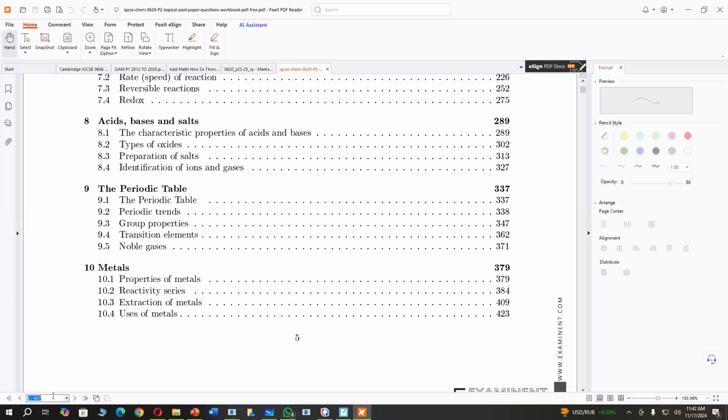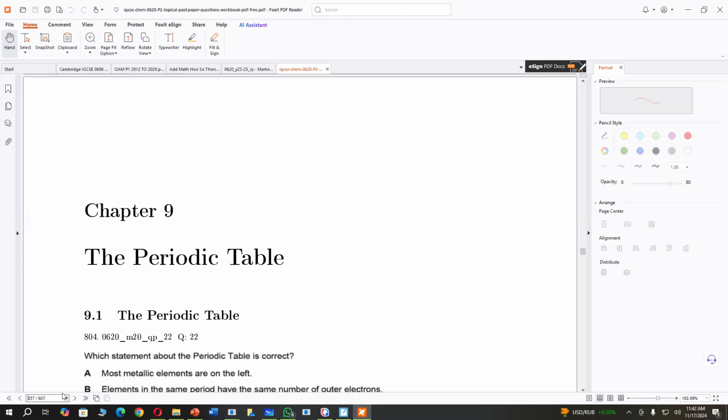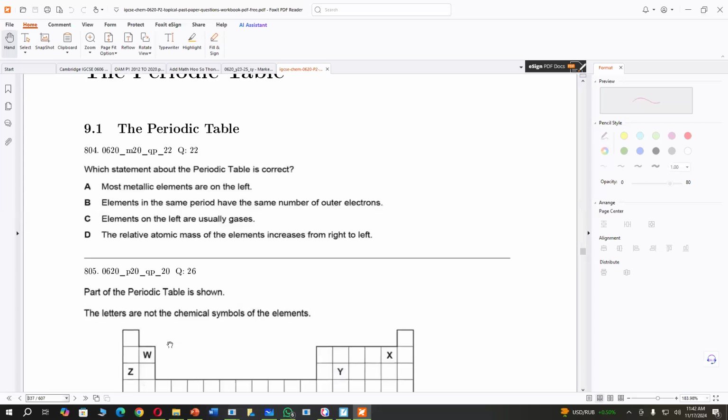Page 7. Okay, I got it. I have meanwhile opened a question.